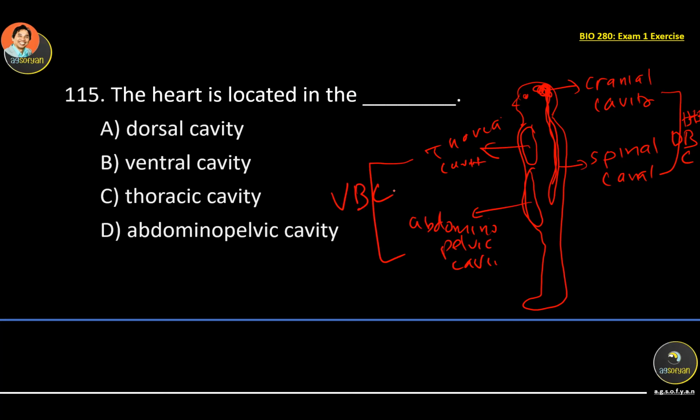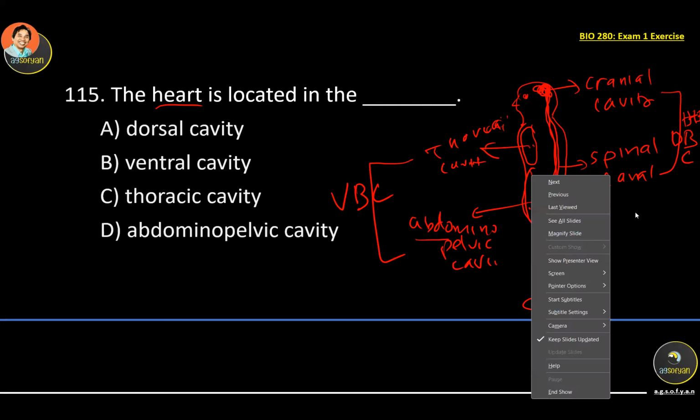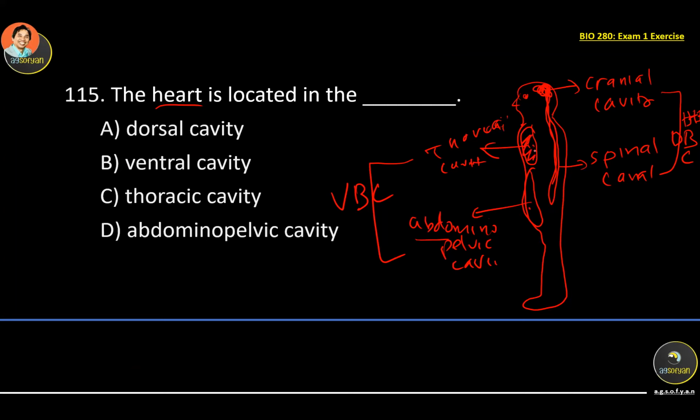So where is your heart? Your heart will be in the ventral body cavity. However, this is asking you the precise location, whether in the thoracic or abdominopelvic, whether in your chest or in your belly. The answer will be our chest, the thoracic cavity.